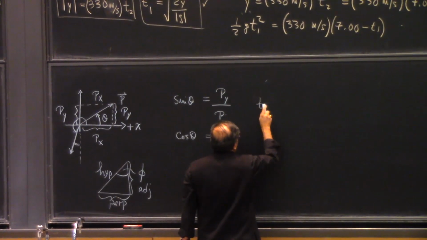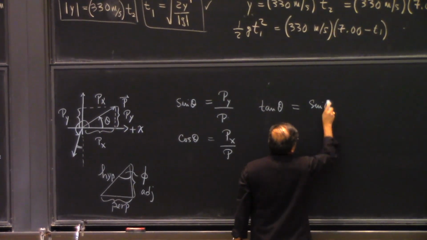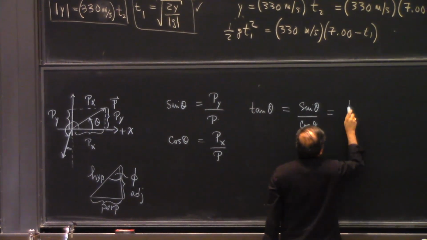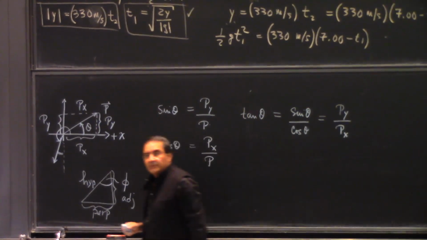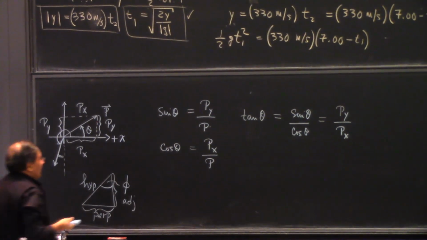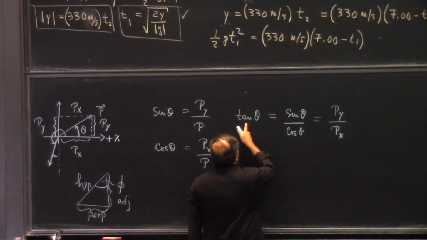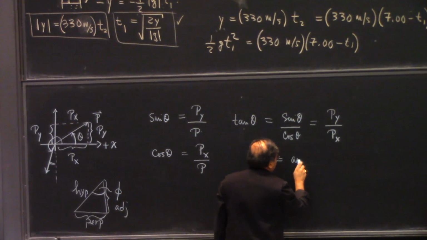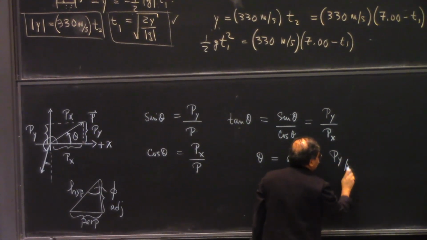And a very useful ratio is tan of theta, which is sine of theta divided by cosine of theta, and that therefore is py over px. So whenever you calculate an angle theta, almost on all occasions you end up calculating tan of theta, and then you say theta is arctan or inverse tan of this ratio py over px.